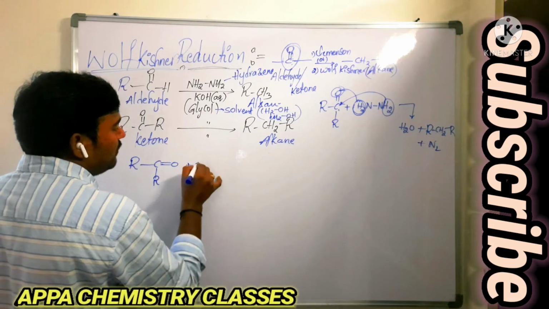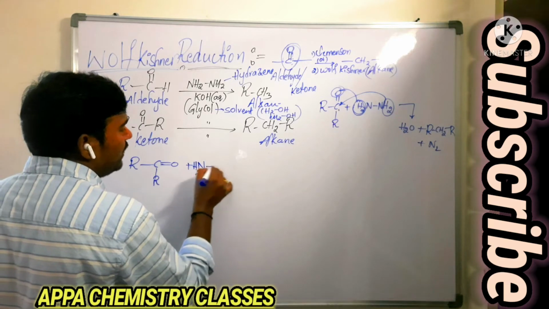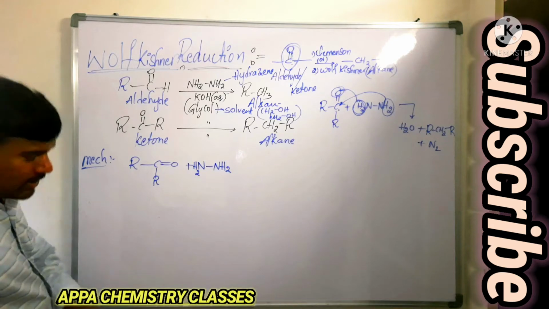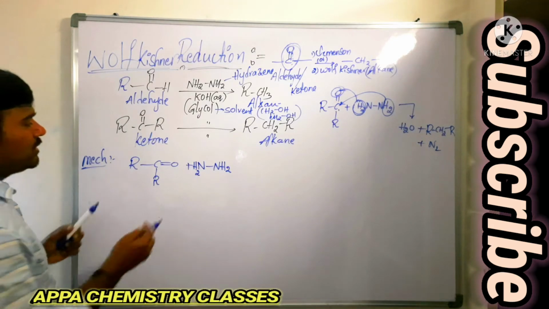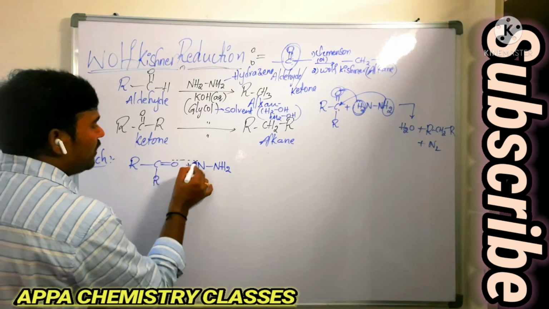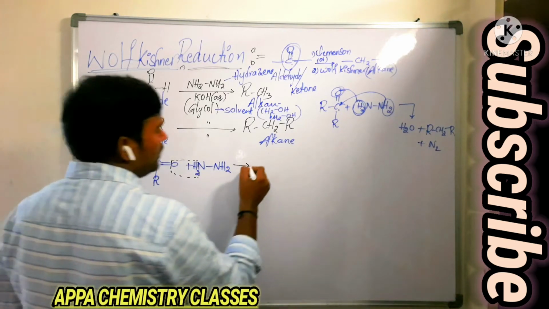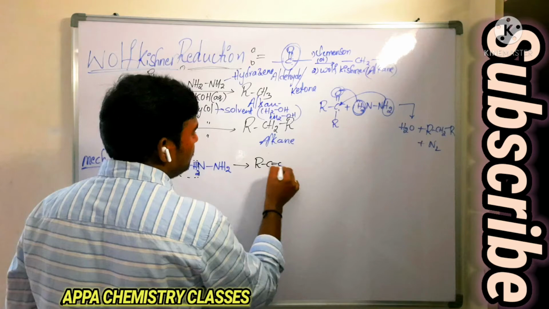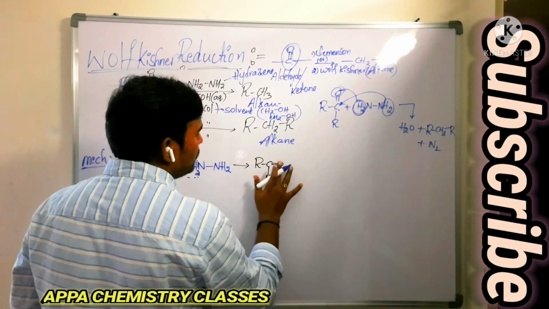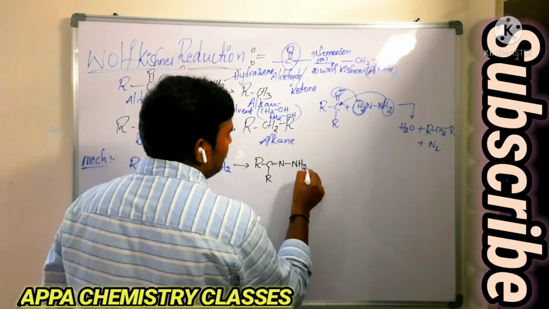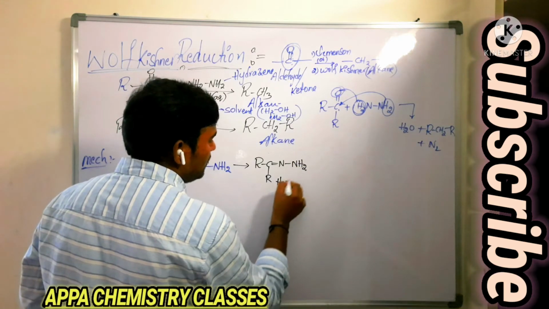Whenever it reacts with hydrazine, what happens in this case? This hydrazine reacts with this carbonyl carbon and is lost as a water molecule. So we are going to get hydrazone. NH2 we are getting. So it is called hydrazone.